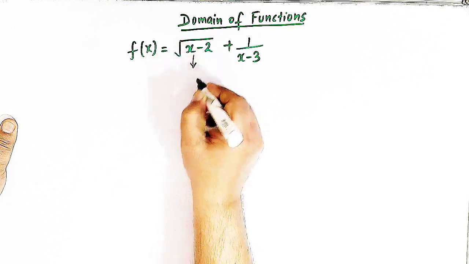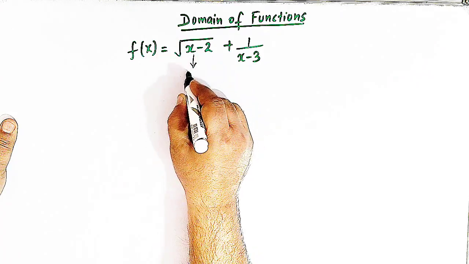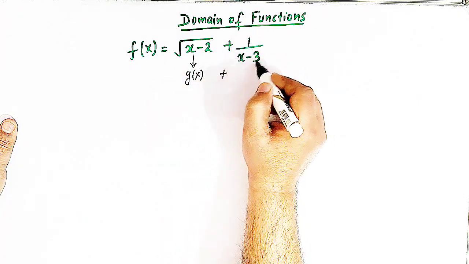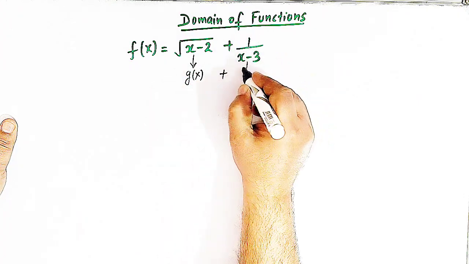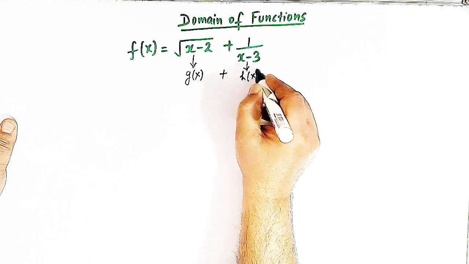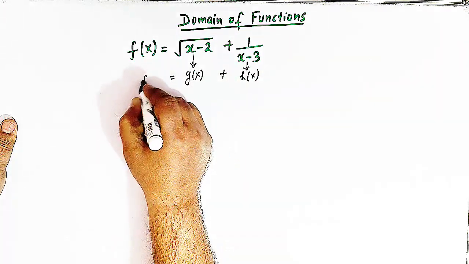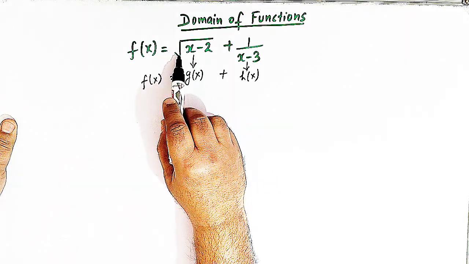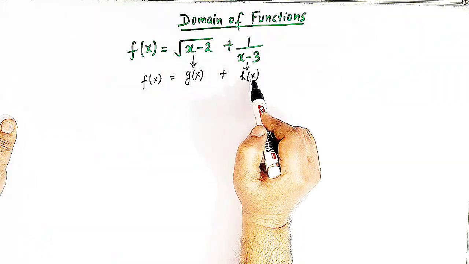Let us call this square root function g of x, and this is a rational function, which we can call h of x. So f of x is the sum of a square root function and a rational function.